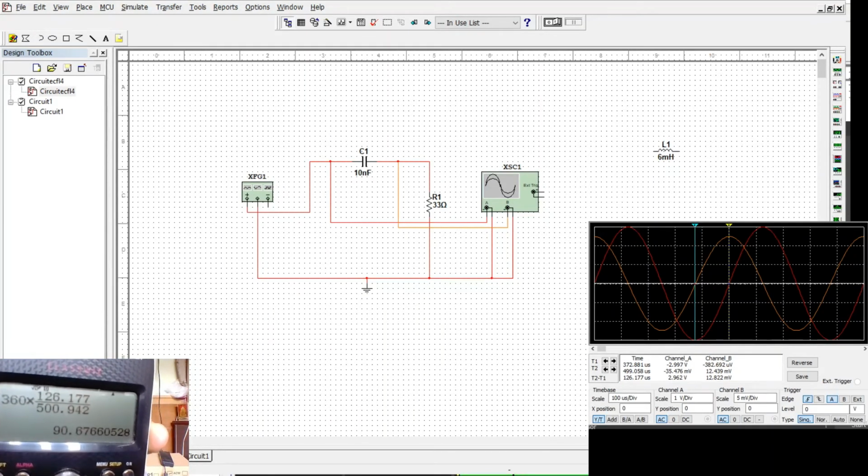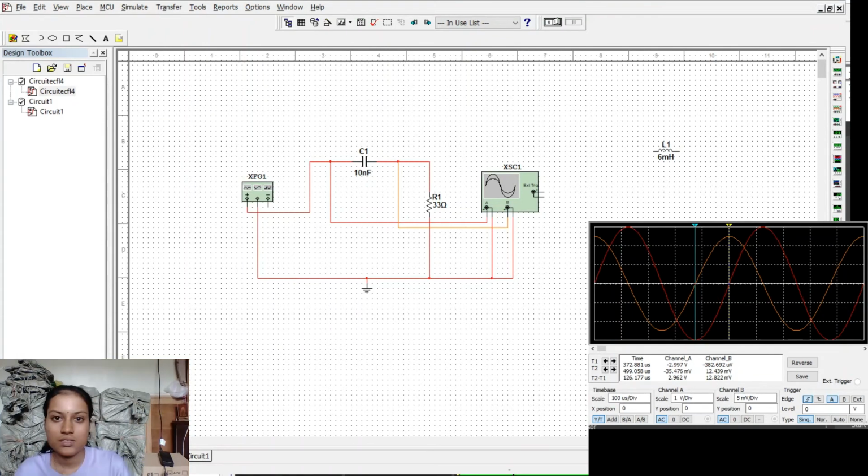So this is what we got for 10 microfarad. From this we can see that the orange signal is channel B's, and the red signal is channel A's, where channel A is for V in, voltage in, and channel B is for voltage out.